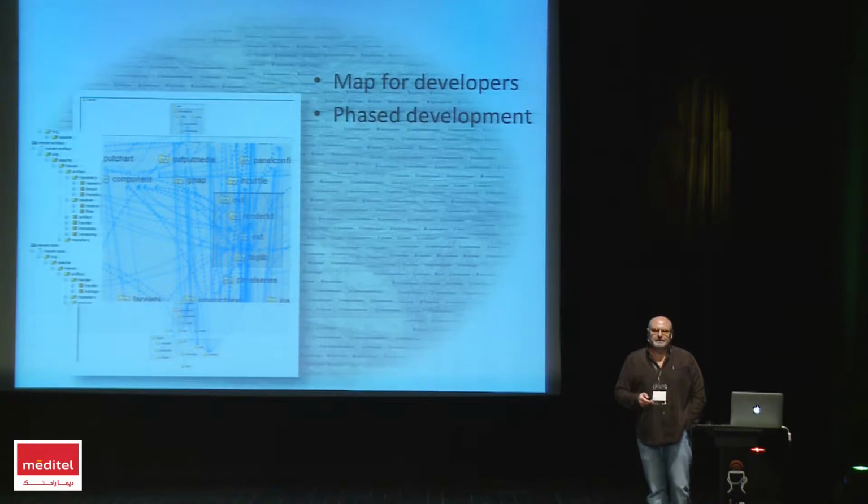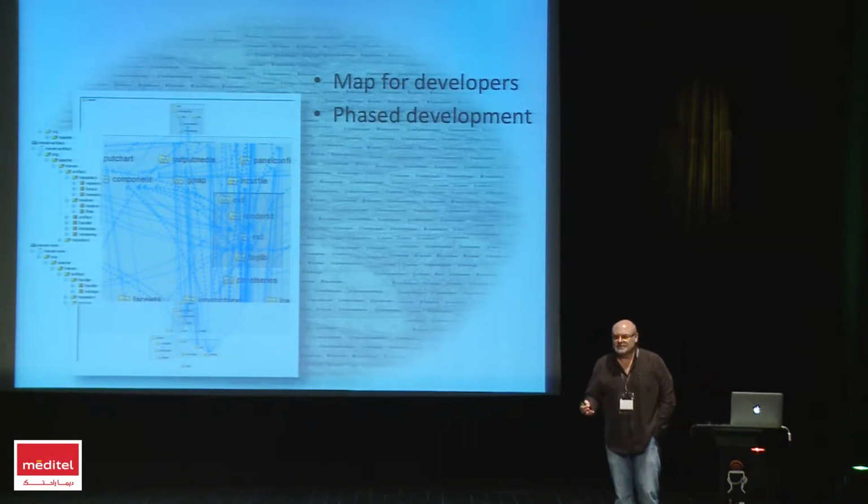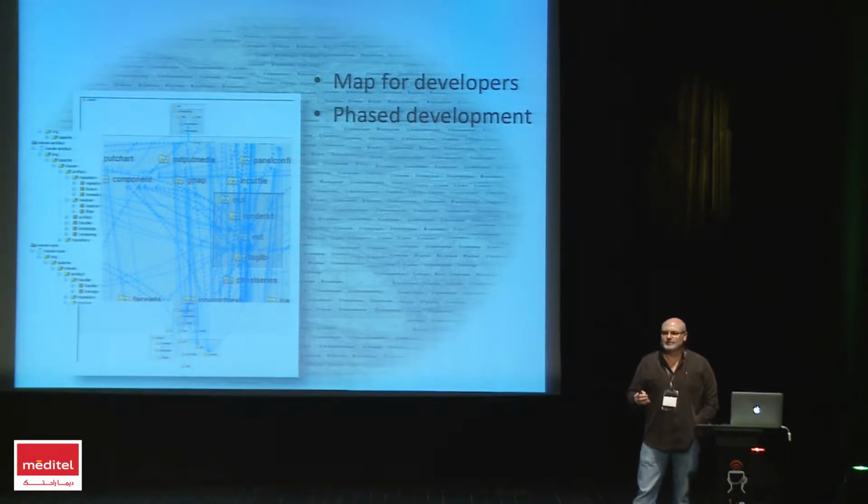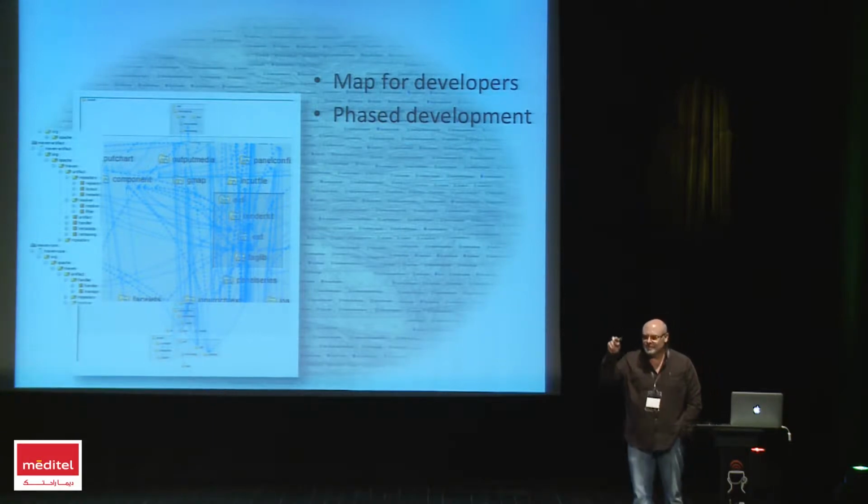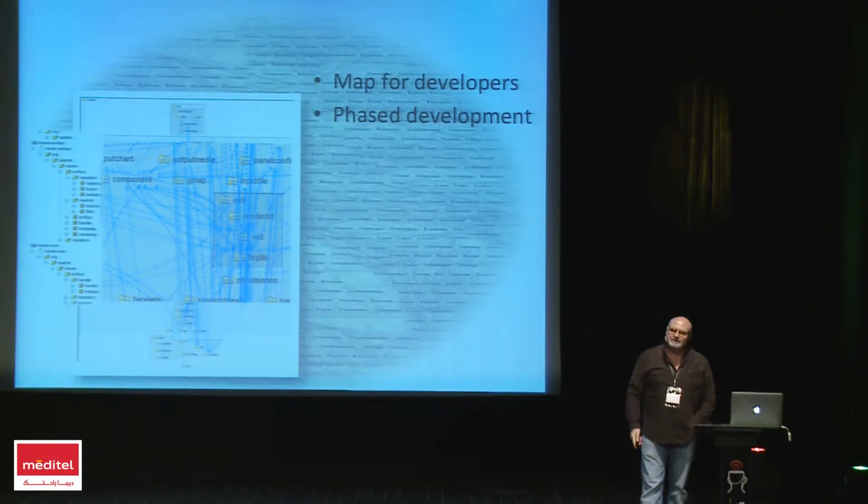Phased development. When a project gets bigger, you tend to have more and more developers on it. You may have different teams and so forth. You want to be able to phase your development so you work on some items and get that to a point of releasability, and then the consumers of that item can start working on that, do a bit more development, do a bit more testing, and check it in for the next guys to pull in to theirs.